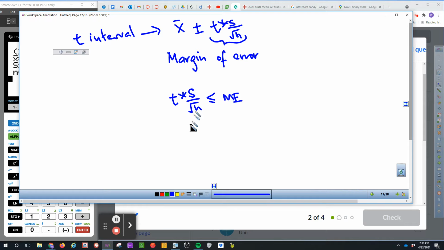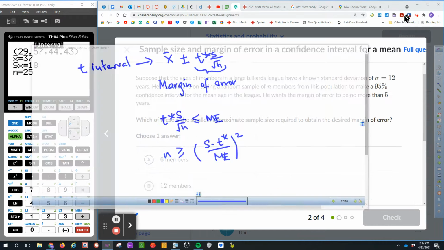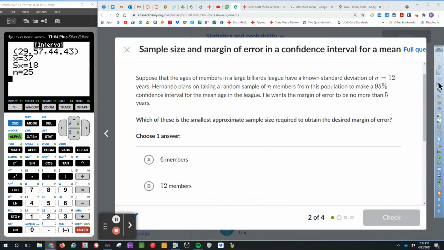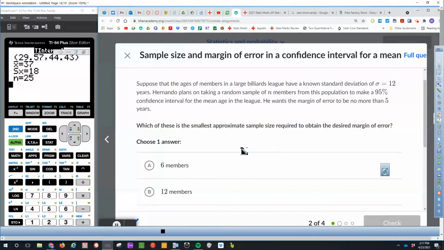Now to find n, the formula is: n is greater than or equal to the standard deviation of the sample times t star divided by the margin of error, and then the whole thing squared. Remember it? If you don't remember it, that's okay.